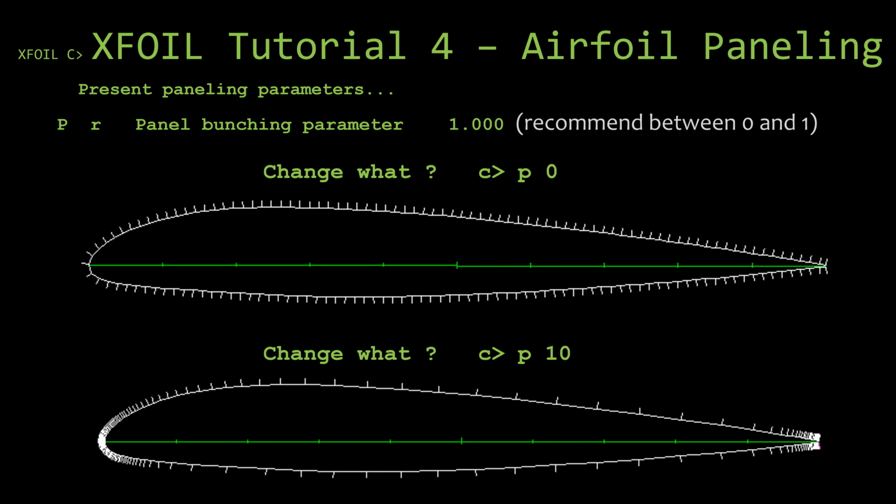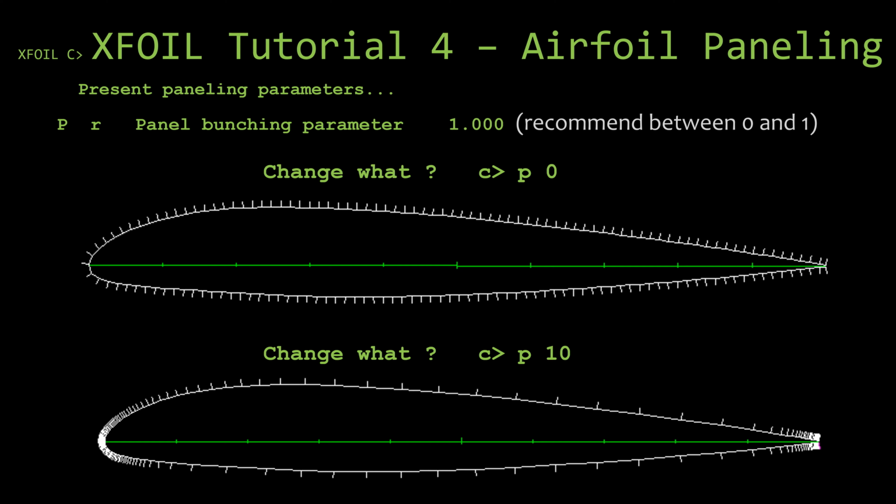The next paneling parameter is the panel bunching parameter. The panel bunching parameter is used to distribute the number of panels unevenly on the airfoil. The idea being you're wanting to use more panels where the airfoil geometry is changing the most, parts that have the highest curvature.